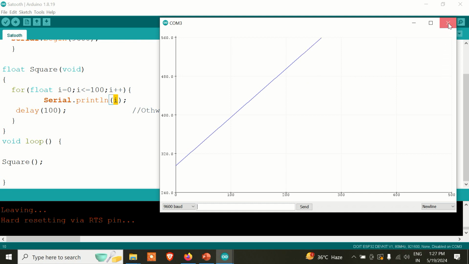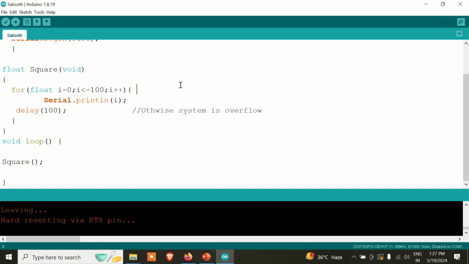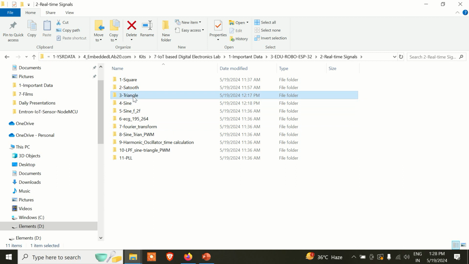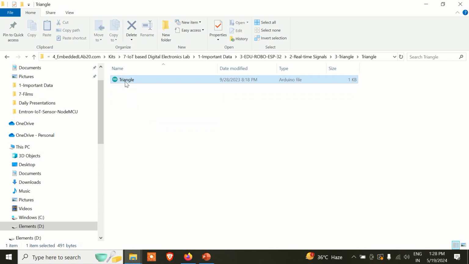Alright, so this is the mathematical expression for a signal sawtooth waveform, which is nothing but incrementing the number from 0 to some value. That's the peak. And after that again it should fall back to 0. The next signal is triangular waveform.